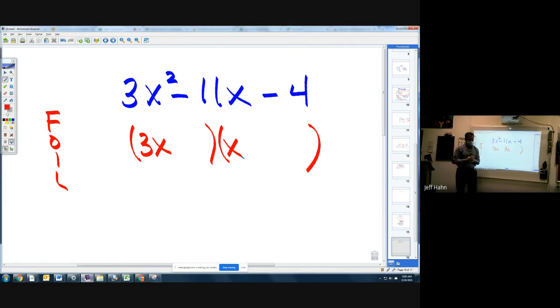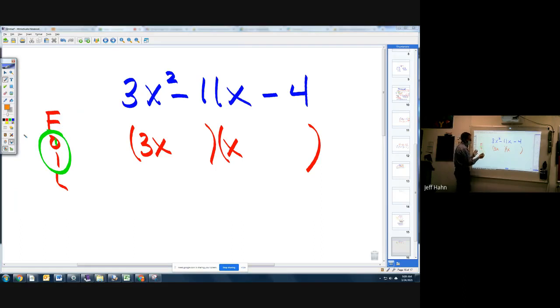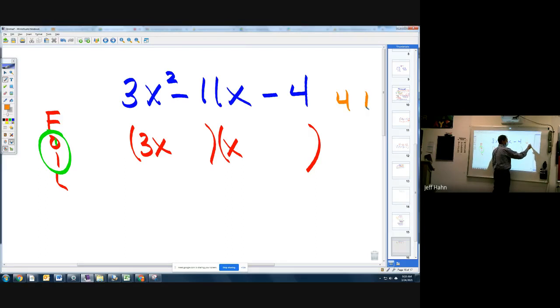Now the thing to remember here, this is where people go crazy on this, because of FOIL, okay? Because these two terms are a combination, well, let me explain it this way. Let's go back to what I said to do. When we did the other thing, the next thing you thought of were factors of 4, right? 4 and 1, 2 and 2. Only choices there, okay? But what you have to keep in mind is this.